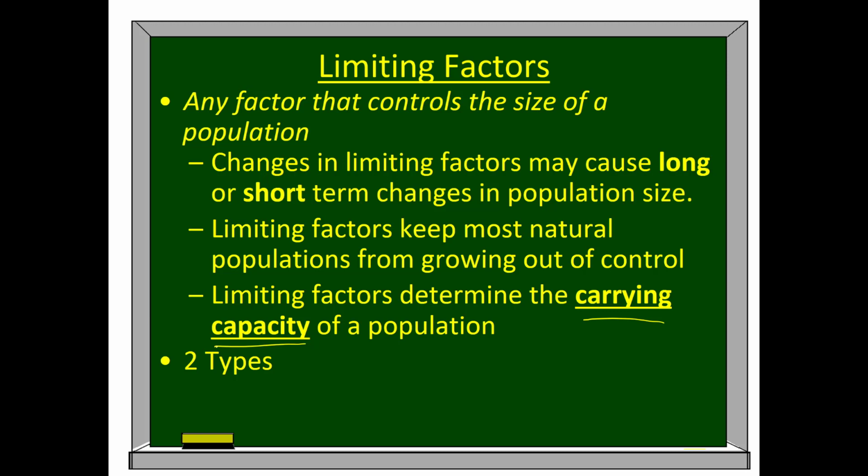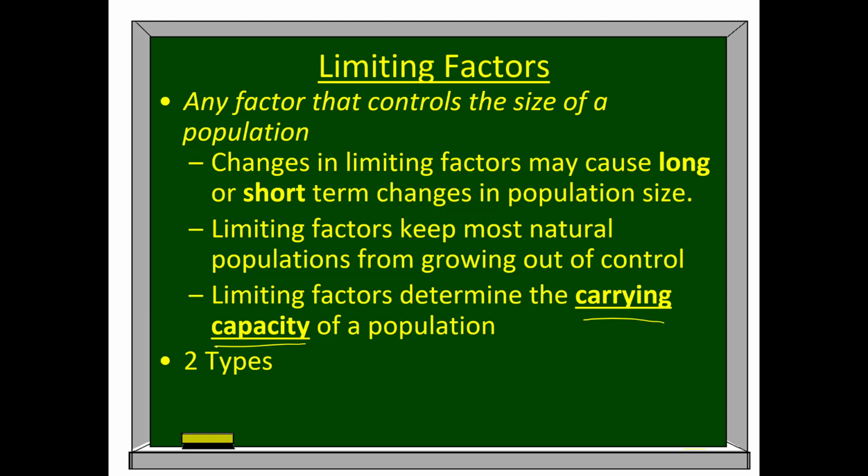So realistically, if there is a change in the limiting factor, it could possibly change what the carrying capacity of that population is. Now, the good thing is that limiting factors actually keep most of our populations from growing out of control. So we know based on last section that populations can't continue growing exponentially. Eventually, they're going to start to slow down based on resources.